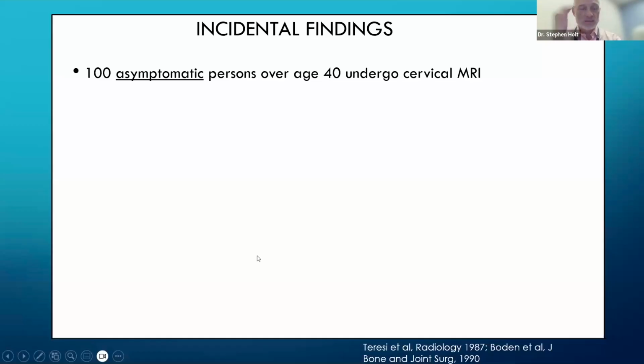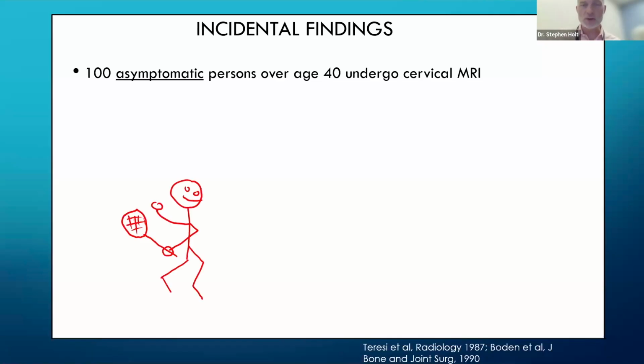In particular, this was a study done some time ago that looked at the incidence of incidental findings. This study looked at 100 asymptomatic persons over the age of 40 who underwent a cervical MRI. Basically, these are folks who have no problems. They're out there, they're enjoying playing tennis or pickleball nowadays and not having any symptoms.